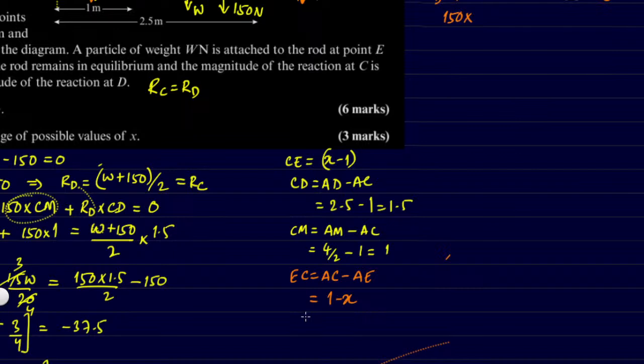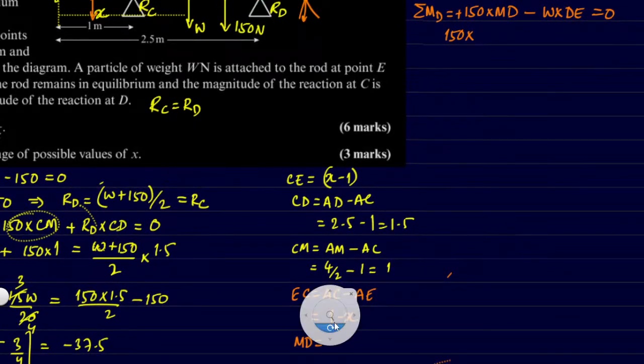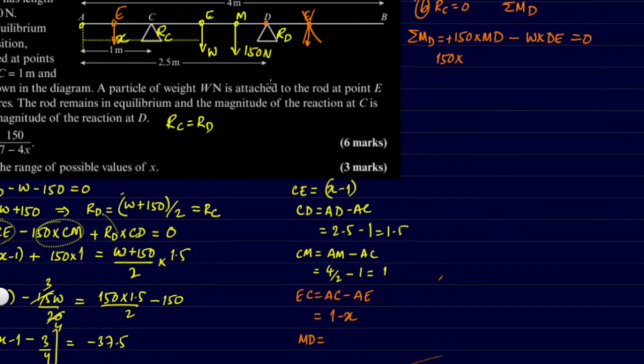Let's find MD here. M to D is AD minus AM. AD length is 2.5 minus AM. AM is half of 4, that is 2. So 0.5. Correct. The MD value is 0.5.